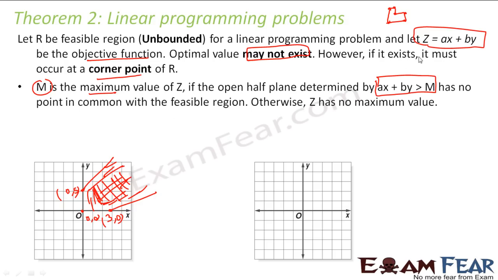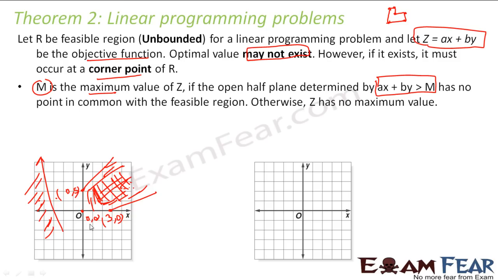For example, if this equation is something like this, and this is the area, the other half, right? Because a line will divide this plane into 2 halves. If this is the case, there is no mapping of this area with this area. I say that yes, maximum value exists, and that is the point of maxima.